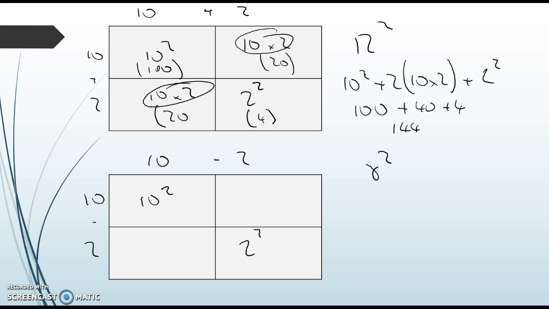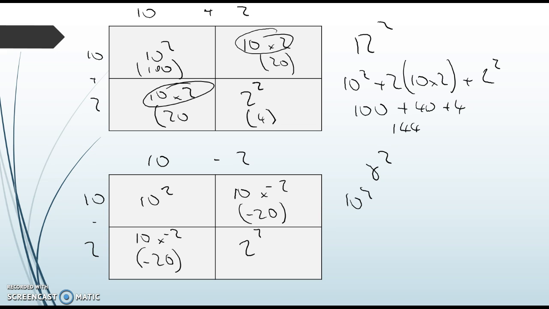And we have 10 times negative 2, which is negative 20. And again, we have another 10 times negative 2, which is negative 20. We're seeing the same pattern again.